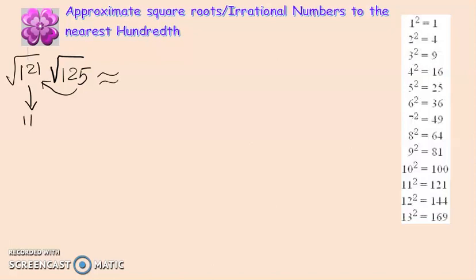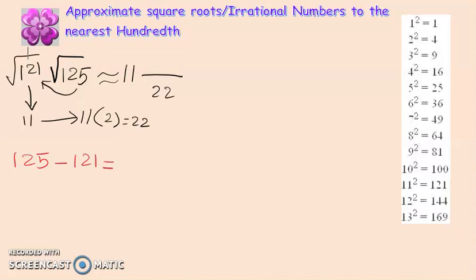So root 125 is approximately 11 and something. To find numerator and denominator, again, double the 11. 11 times 2 would be 22, the denominator. Then subtract numbers: 125 take away 121 would be 4, obviously. That should sit on top.